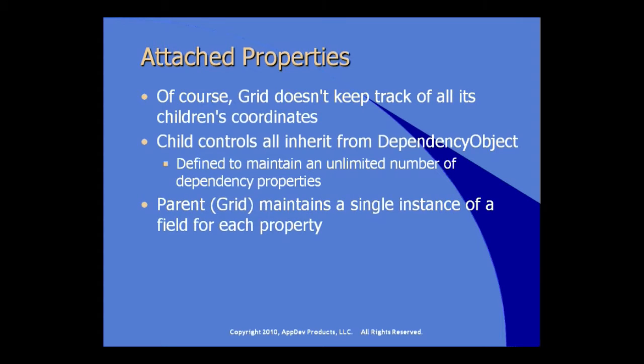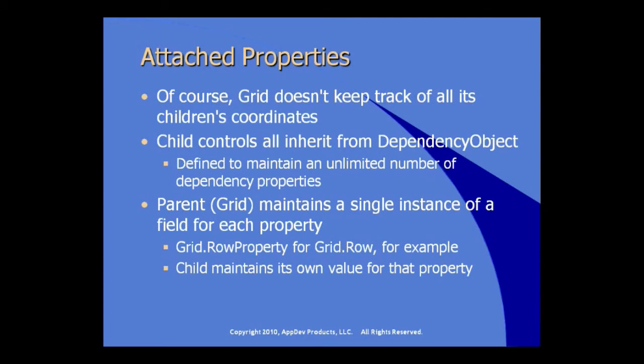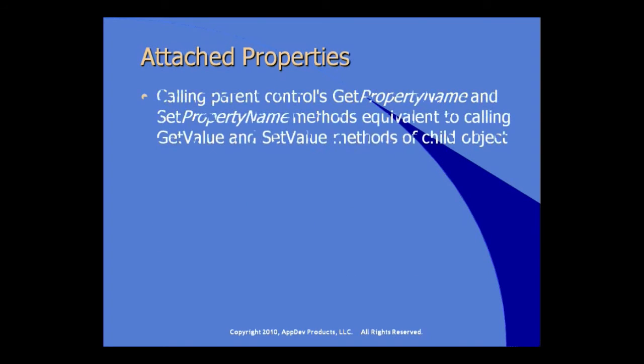The parent, the grid in this case, maintains a single instance of a field for each property. That means the grid has a row field and a column field. There's a grid.RowProperty, if that's the actual name, for the grid.row property, and there's a grid.ColumnProperty for the grid.column. The child control maintains its own value for that property. So, calling the parent control's getRow or getColumn or setRow or setColumn method is equivalent to calling the getValue or setValue method of each child object. So the child is keeping track of its row and column.